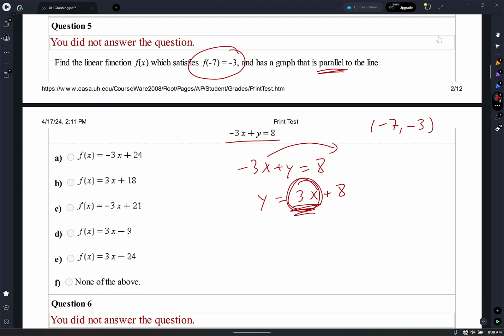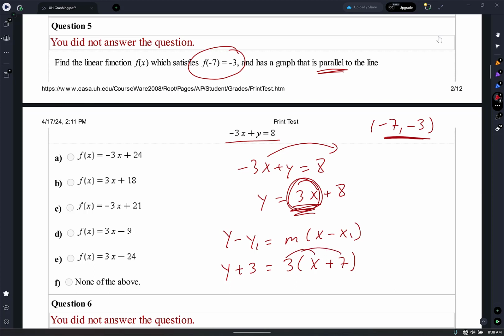I'm just going to use my point slope formula. y minus y1 equals slope times x minus x1. I need to have the slope of 3. So here's my point. I'm just going to plug in y minus negative 3. So y plus 3 equals slope times x minus negative 7, so x plus 7. I'm going to solve for y.